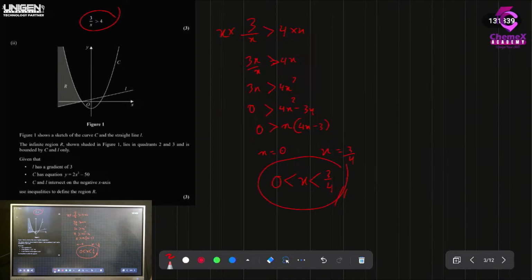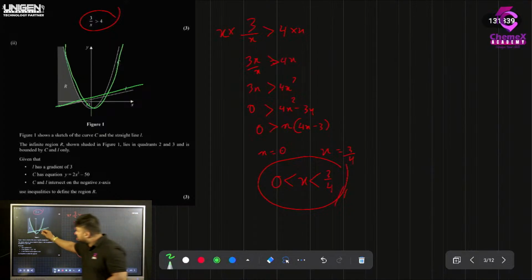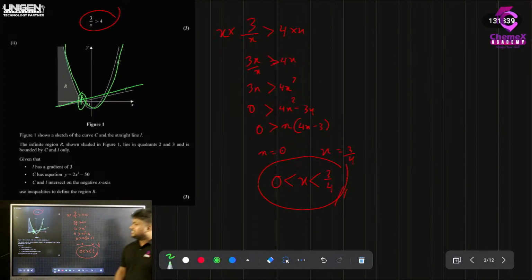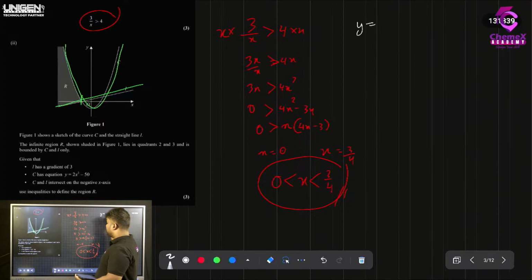Now we are coming to the B part of the question. They have given you the equation of the U shape and the straight line. So how do you find this place of intersection? It's simultaneous, right? They have given that y is equal to 2x squared minus 50.